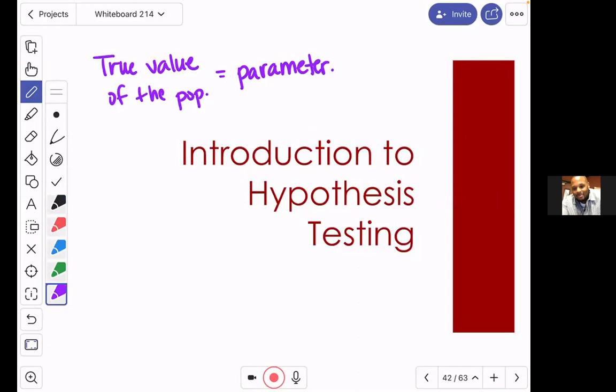So we know here in the hypothesis test what the parameter is claimed to be. They have claimed the parameter to be this, right? And we're going to now take some sample data and see if, based on my sample data, that parameter value is true or not.